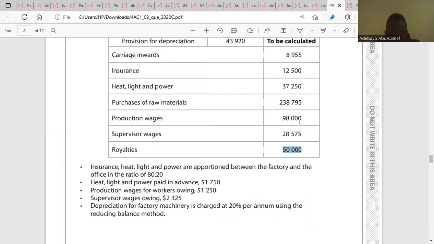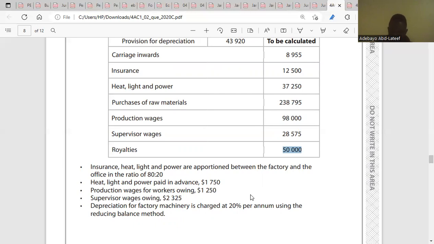But they are owing the workers. Production wages for workers owing is 1,250. Then you add it to 98,000. So your direct wages will be 98,000 plus 1,250 from the additional information. So we have 99,250.